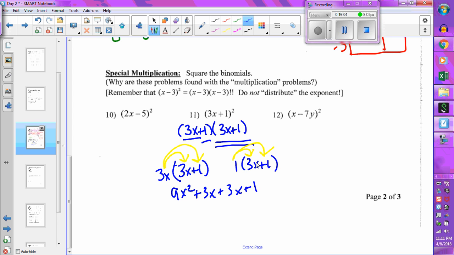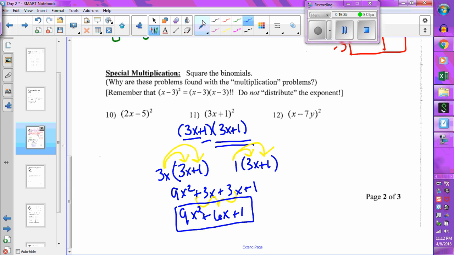Nothing special. But the beautiful thing about this is we get to combine our like terms. Yay! So we have two like terms, 3x and 3x. So now we have a 9x squared, or to the second degree, plus 3x plus 3x. They're both positive, so that's going to give me a 6x. And then we have a positive 1, and guess what? This is our answer. Wonderful.